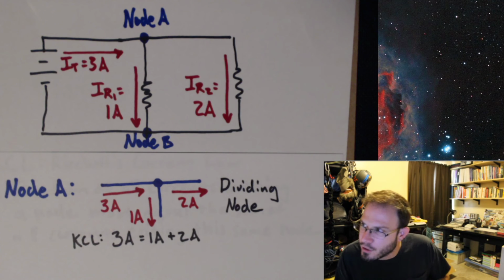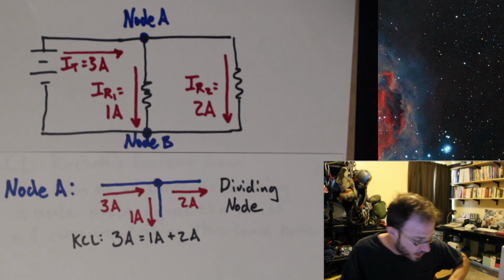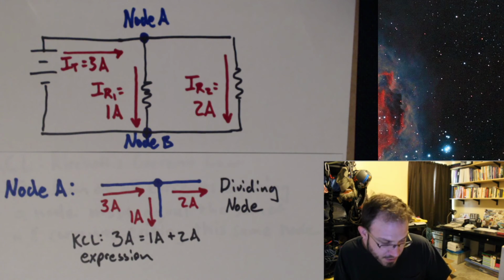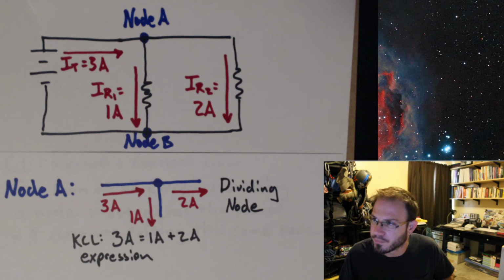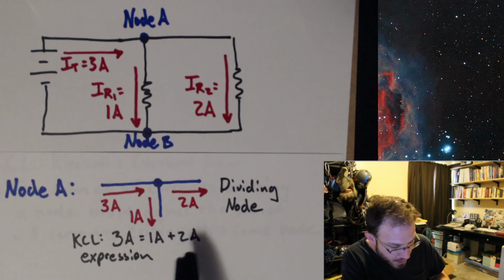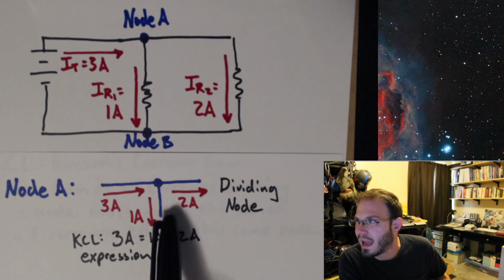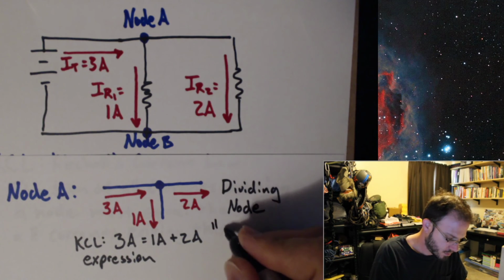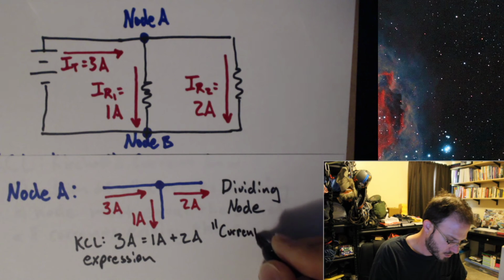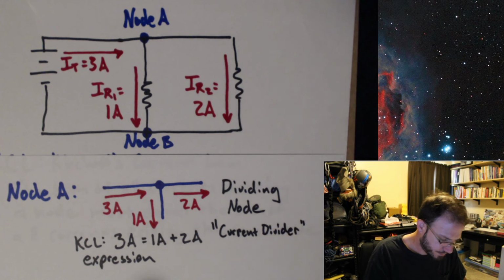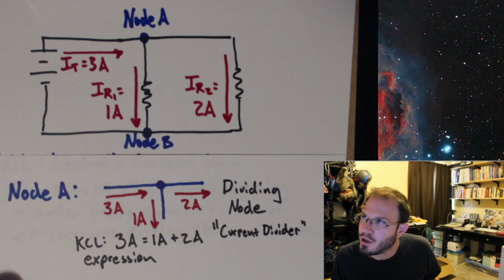Okay, so we end up with this Kirchhoff's current law expression that states 3 amps equals 1 amp plus 2 amps. So the sum of all currents entering a node must equal the sum of all currents leaving that same node. But the current is being divided. So you can kind of think of this as a current divider. Okay, now that's node A.